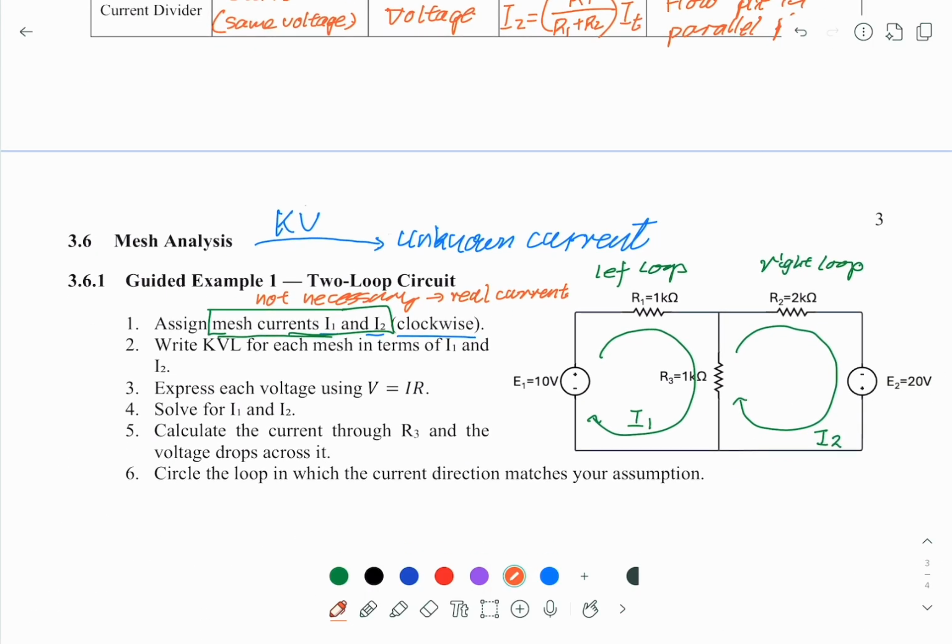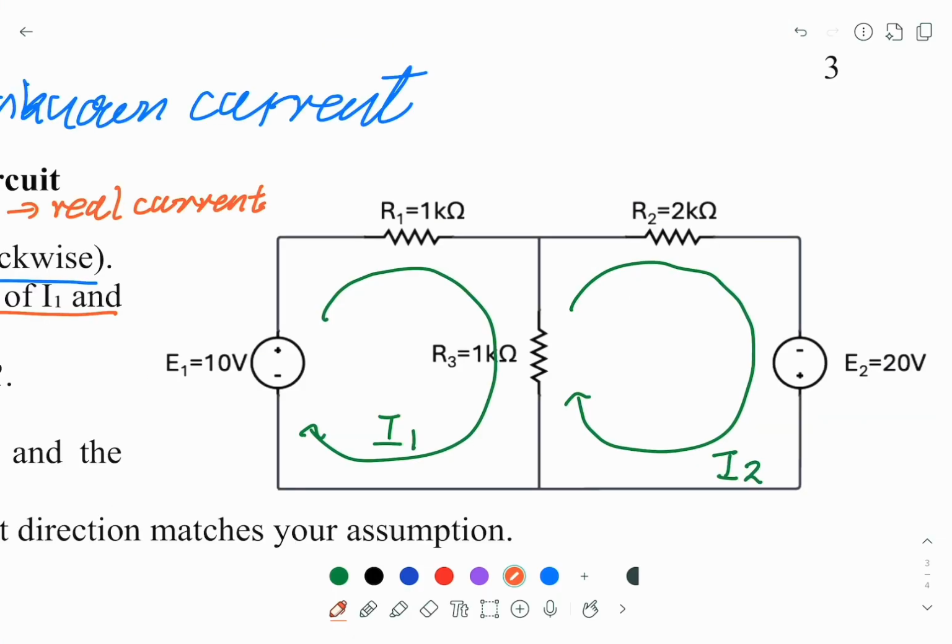Next, we want to write the KVL for each mesh in terms of I1 and I2. For the left hand side, we have mesh current I1. Now we will use the procedure which electrical and electronic engineers use.